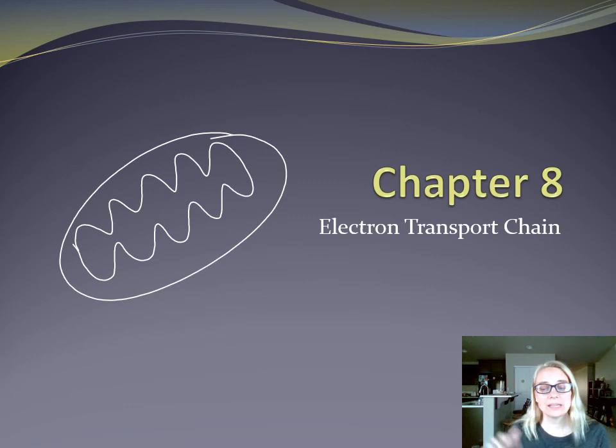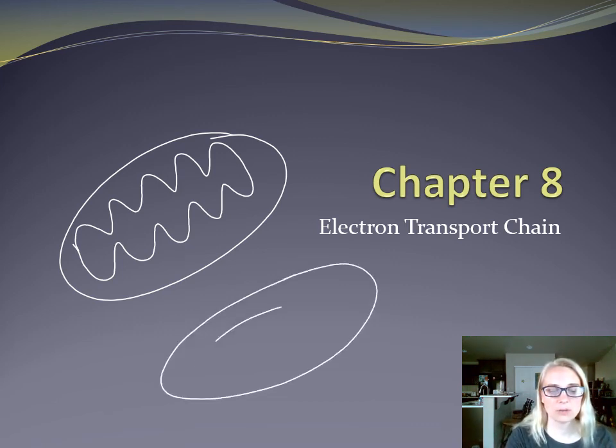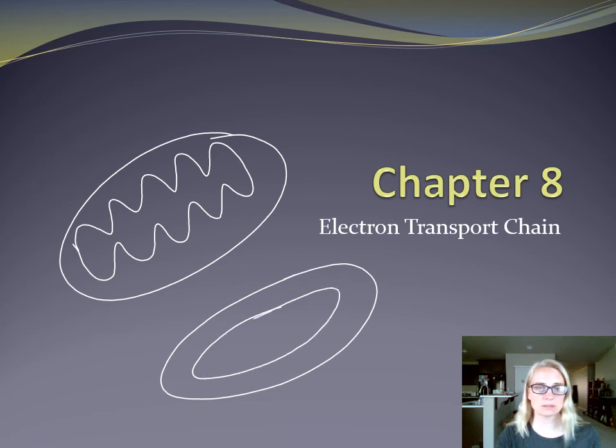That wiggly nature of the inner membrane is important. It's the structure and function relationship. Imagine if we had a mitochondria where the inner membrane was just smooth. It didn't have any wrinkles in it. Well, when we start talking about this electron transport chain, this is made up of proteins all set in a chain, right next to each other, embedded in that inner membrane.